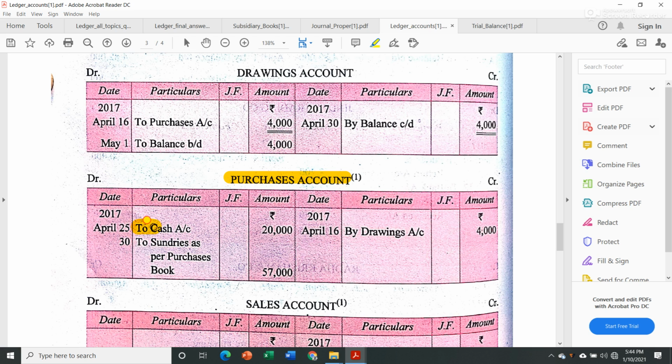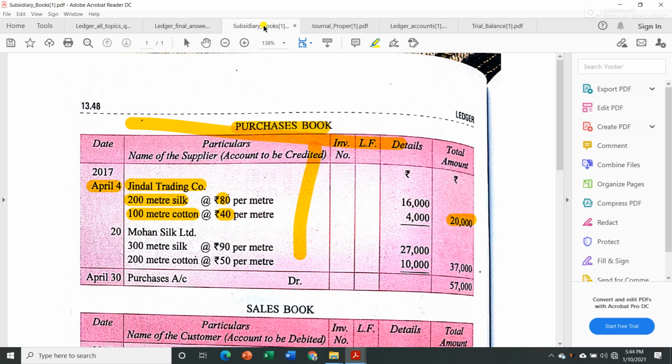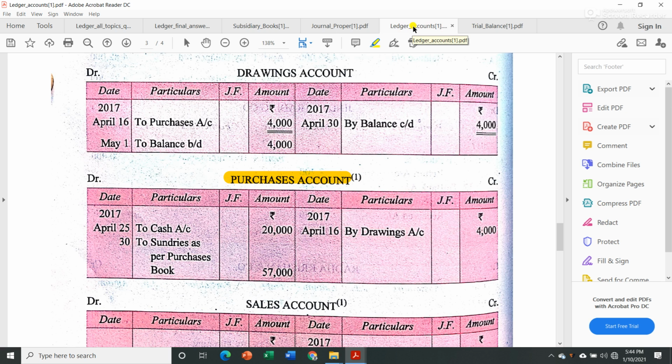Sorry, wait, where is our subsidiary book? Okay, sorry, we don't have to record it in the purchase book, but in the purchase account of our ledger accounts.